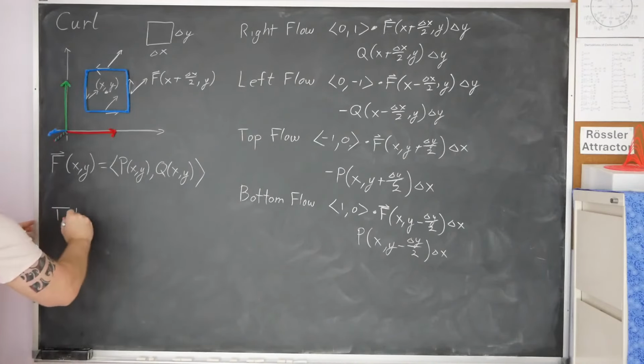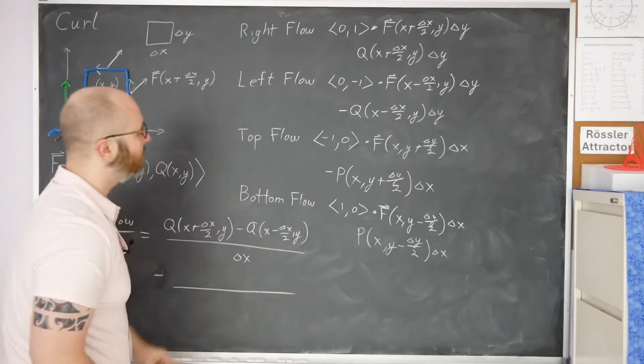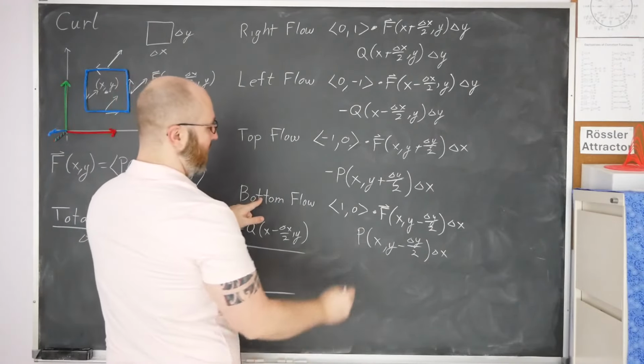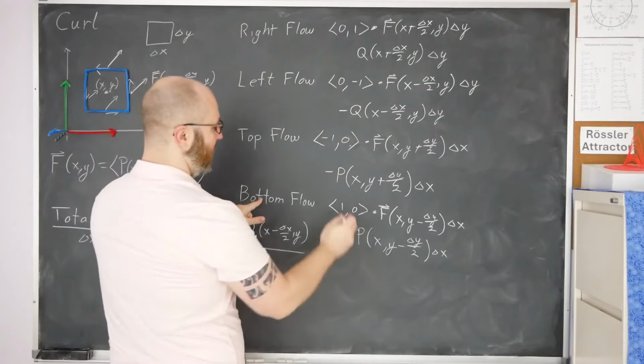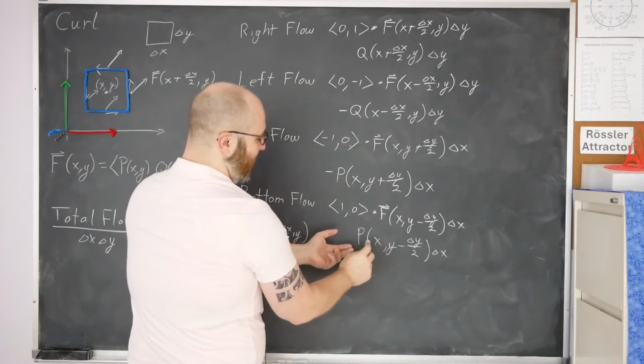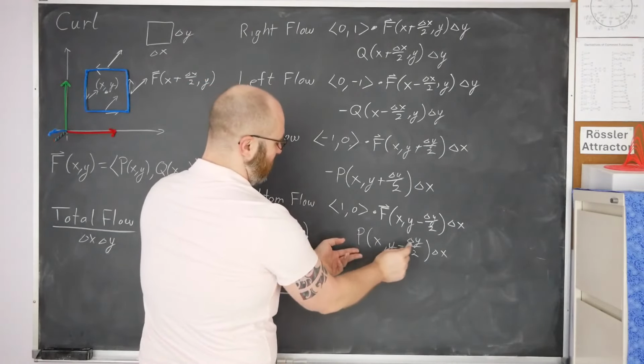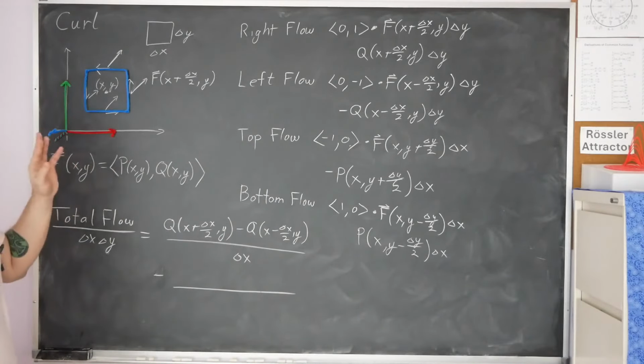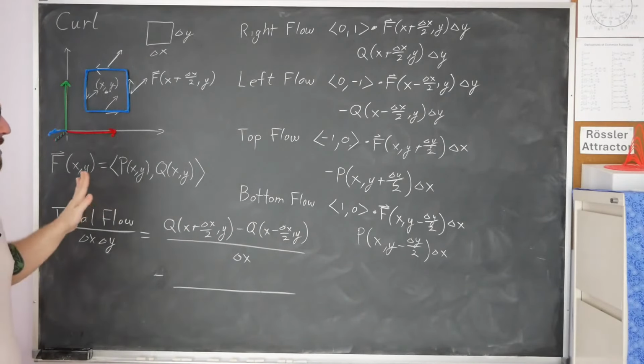Now this one, I'm going to make this a minus, and the reason for that is I'm going to have this fraction. If I have the top flow plus the bottom flow, I get negative p of y plus delta y over 2, but on this bit, I have positive p of y minus delta y over 2. These do end up being partial derivative definitions, so I want to make it look like that.